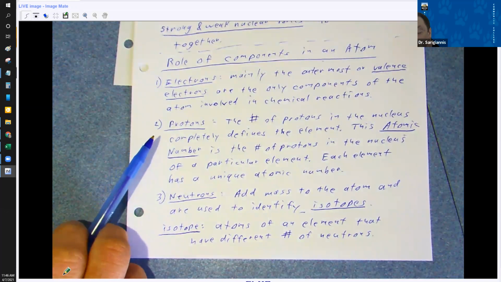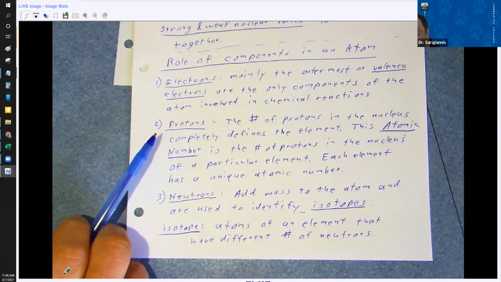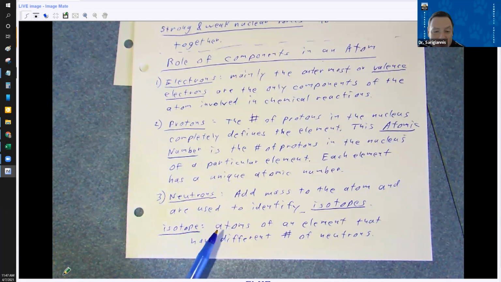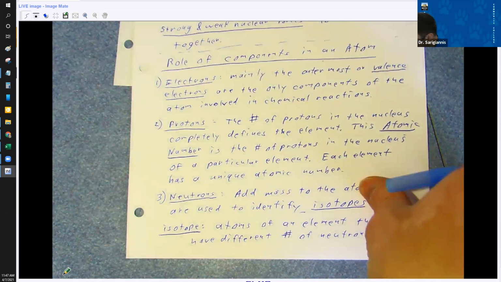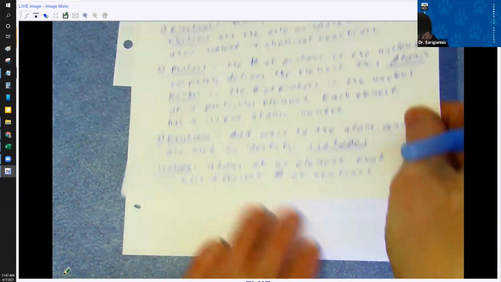All atoms of a specific element have the same number of protons. But by the definitions here, you can see that some of them may have a different number of neutrons. So let me write this down.